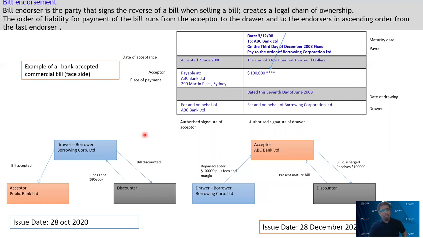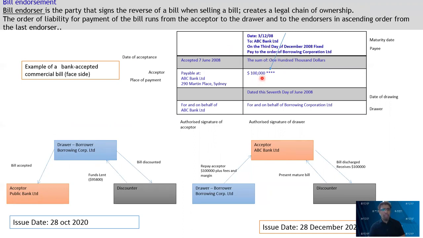So actually, when we talk about the bill endorsement, the customer, which we now call the borrower, which we now call the drawer, will issue this note, this bill.